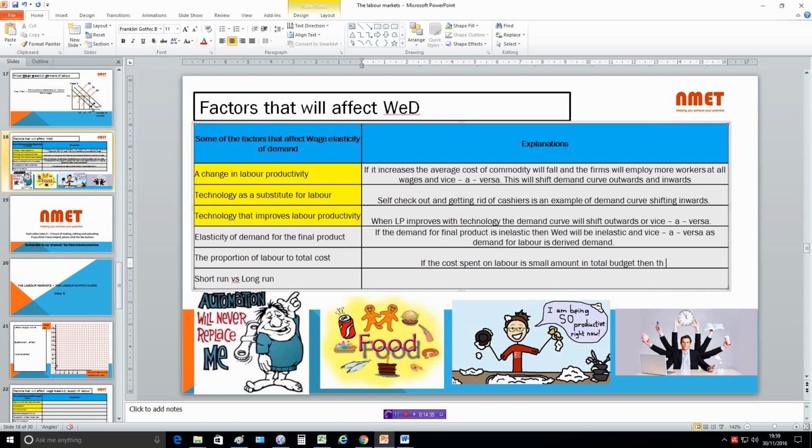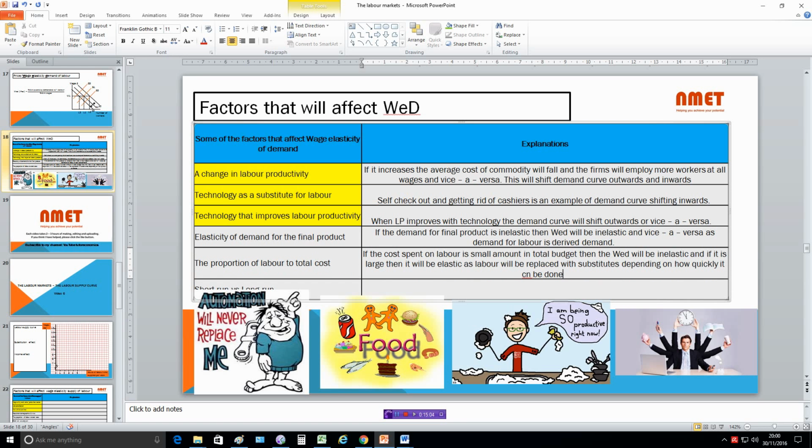Another factor is how quickly labor can be replaced with substitutes, and how quickly it can be done.